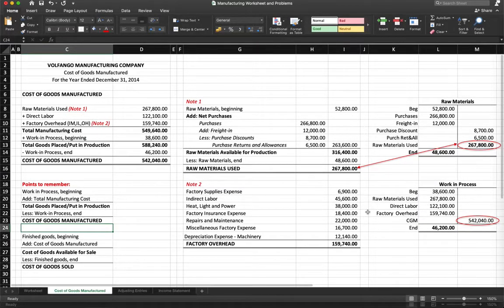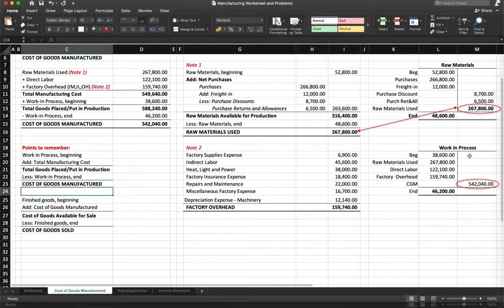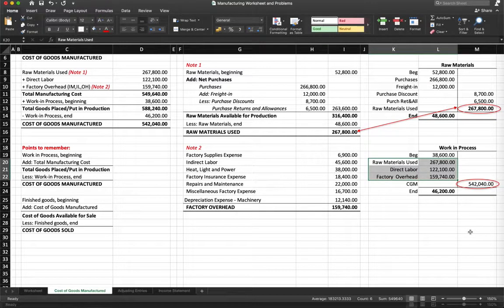So, actually, itong work in process, pwede mo din naman yan ma-compute using this. Yung cost of goods manufactured, you can compute that using this formula, or you can compute that using the T account. Pag T account, work in process, beginning balance, work in process, tapos, yung tatlo, yung raw materials used, direct labor, factory overhead, nilalagay kasi yan sa production, di ba? Kaya naalala nyo yung entry, debit, work in process, credit, raw materials.